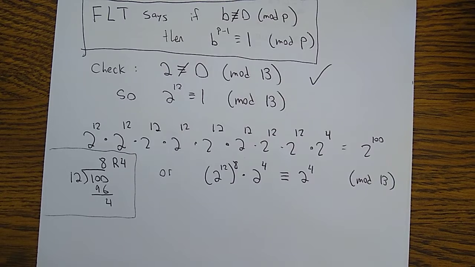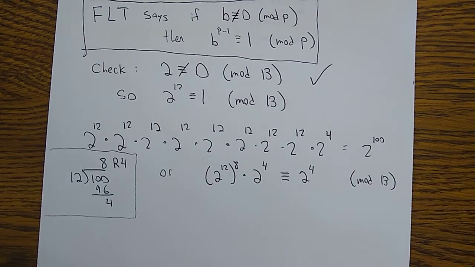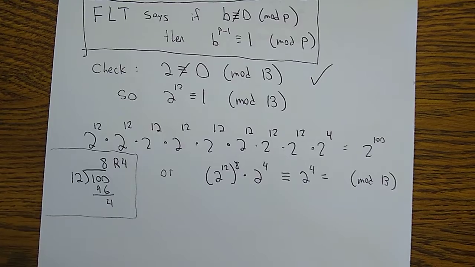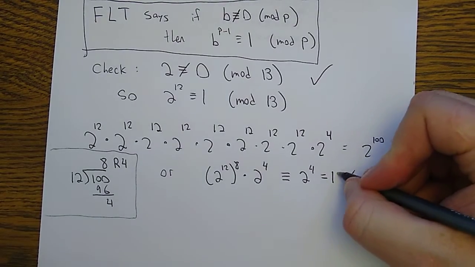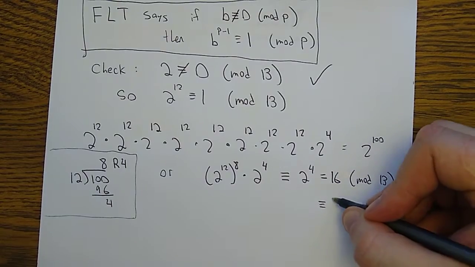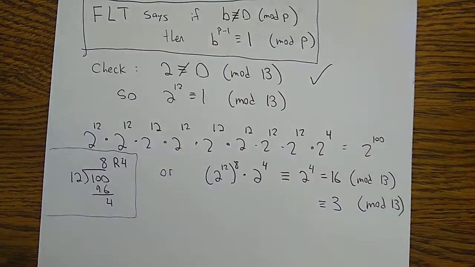So now we're down to a much smaller number, and we can do this however we want. Actually, the 2 to the 4th is so small, it's 16. So ultimately, this would be congruent to 3 mod 13.